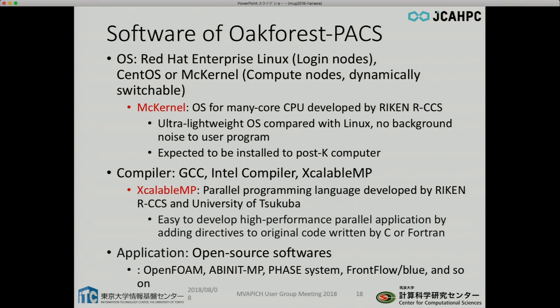So the Riken people are developing this kind of software on the OFP system. Also, in the compiler, XcalableMP is a PGAS-like language, and this compiler is developed by the Riken RCCS and University of Tsukuba collaboration. So this system will be installed in the post-K system.